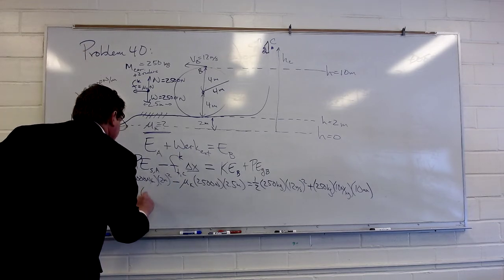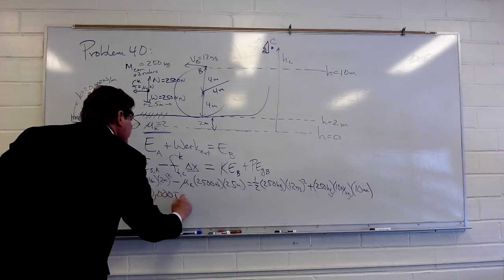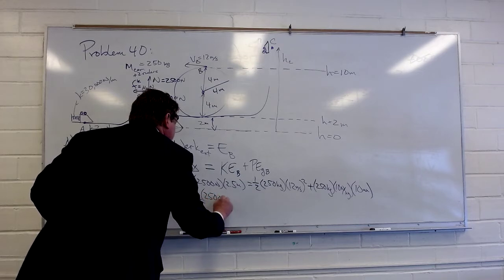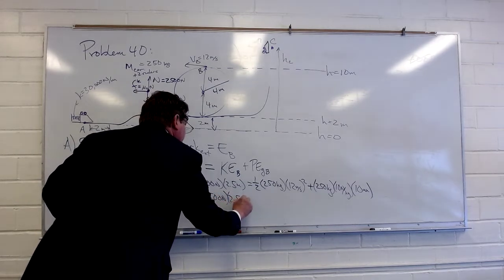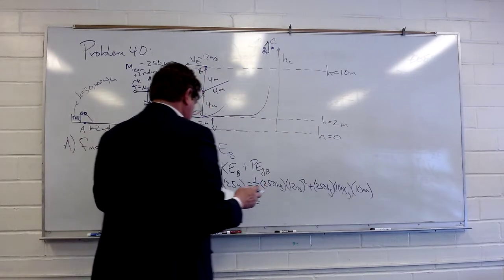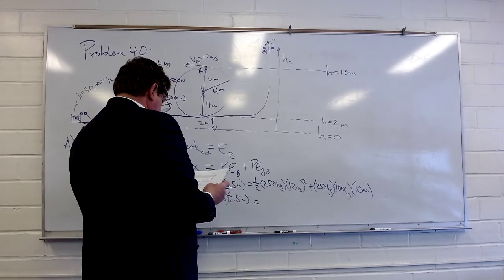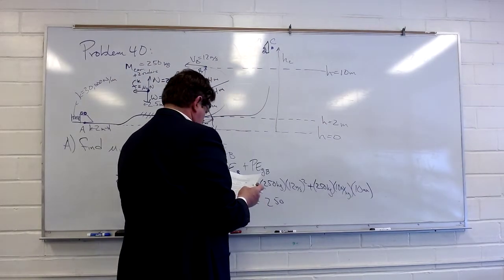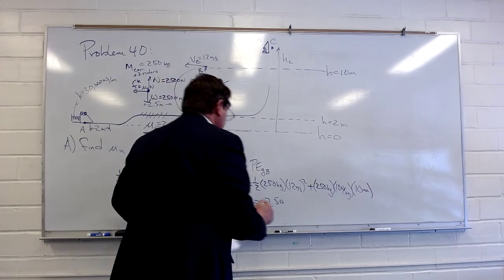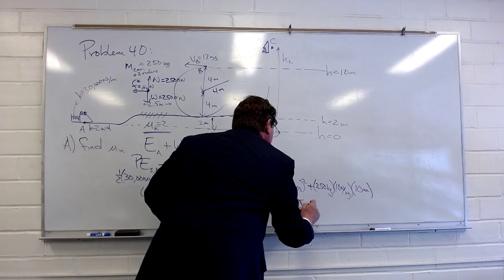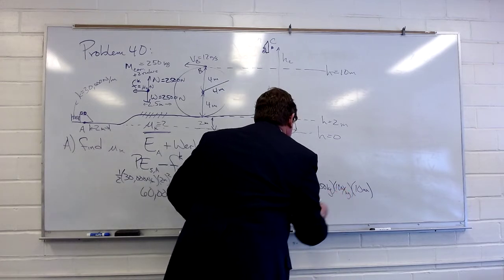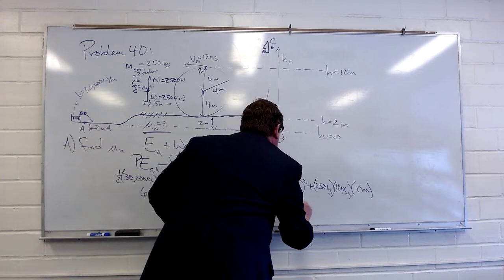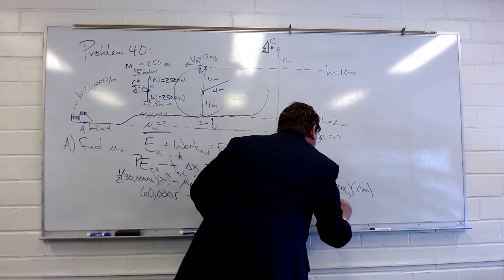This is going to be 60,000 joules minus mu sub k times 2,500 newtons times 2.5 meters is equal to, let's see, this is going to be 25, is it really? 25,000 joules plus, oh no, that's the 25,000 joules there. This is going to be 18,000 joules, and this is going to be 25,000 joules.